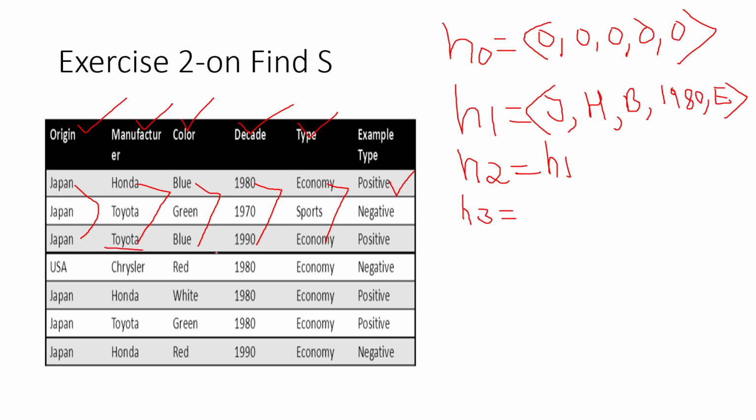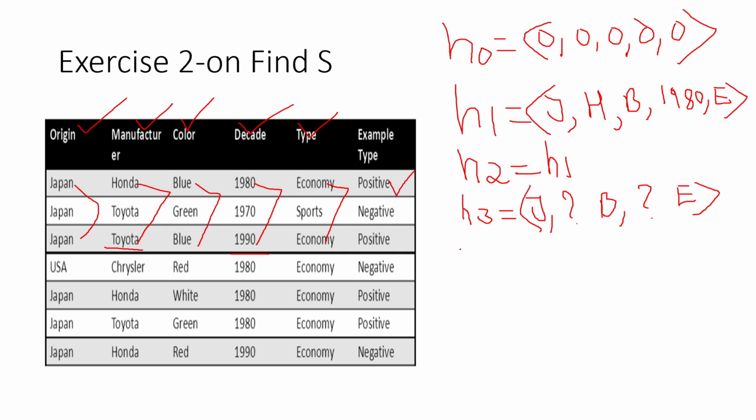So this has to be replaced by question mark. That is, Japan is same, Honda changed to Toyota, blue is same, and year is changed, economy is same. This is the result after seeing the third example.